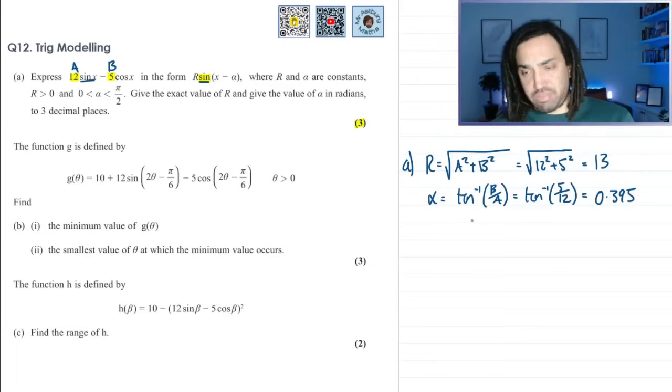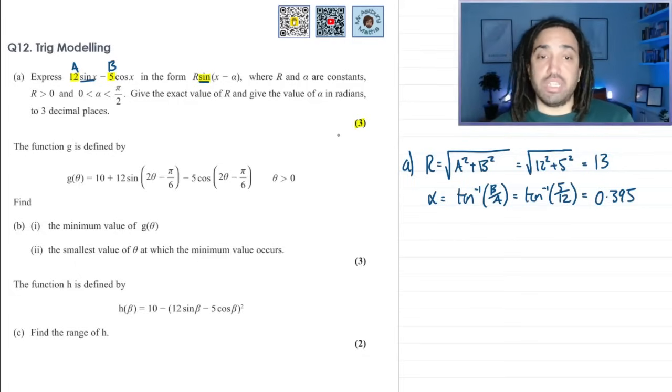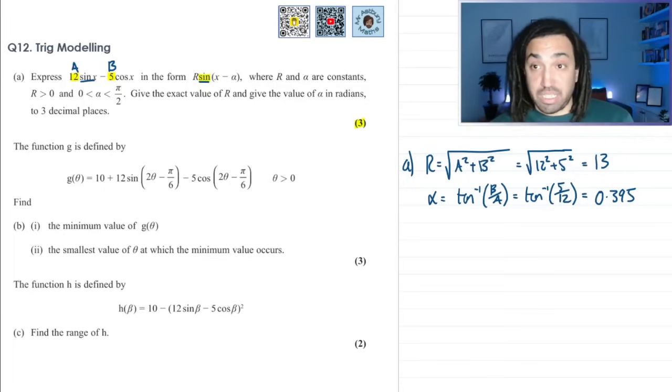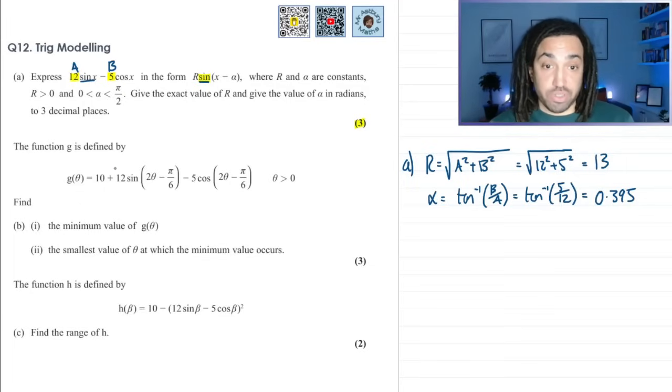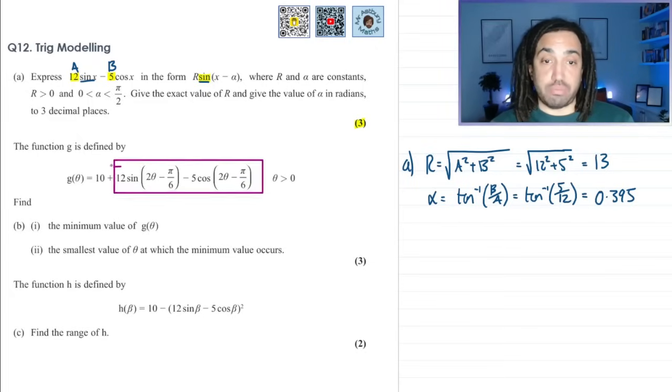So I don't actually need to write out the r sine x minus alpha expression. So we're good. And now it says this function is defined by this. So this is nasty. But what do we need to focus on? We need to focus on this part and see how that relates to this, what we've just worked out.